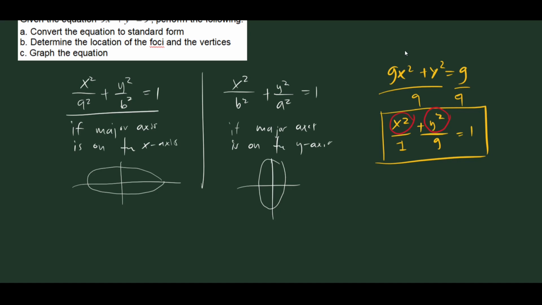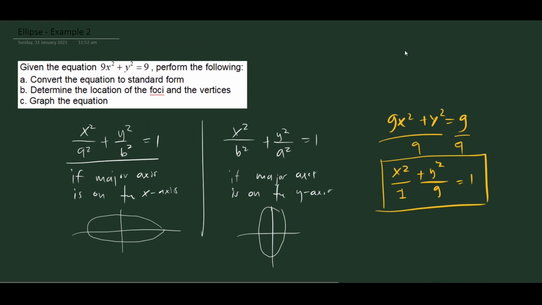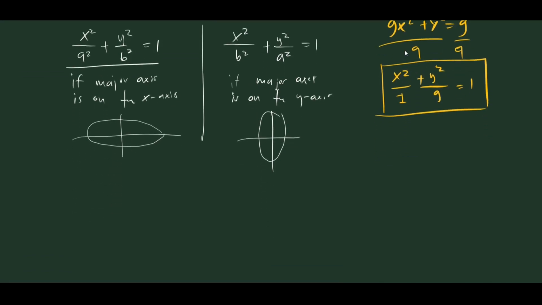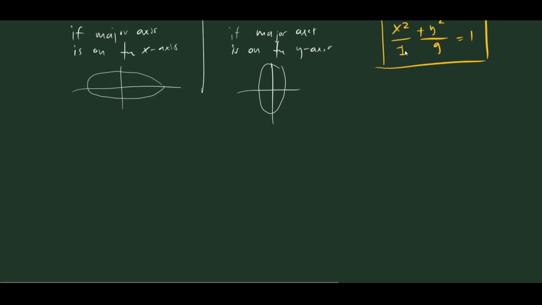Like in our discussion for the parabola, the shifting of the parabola, there is no x minus 1 squared or y plus 2 squared, like that. So if that is the case, then we can say that the center of our ellipse is on the origin. Okay, so that is a very good clue that we can use here.